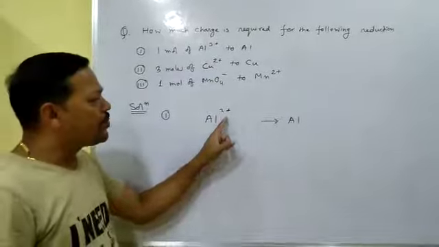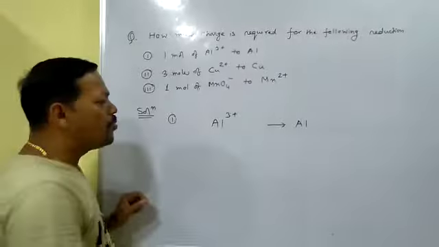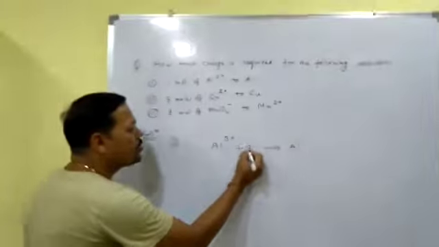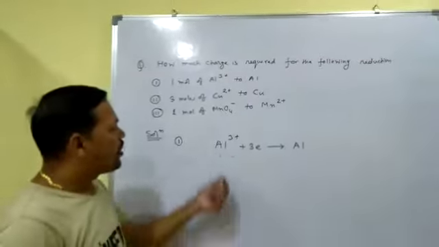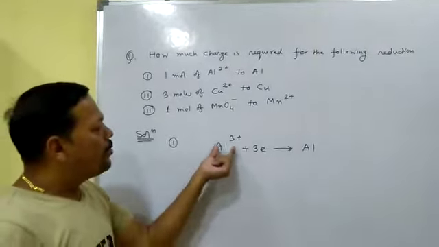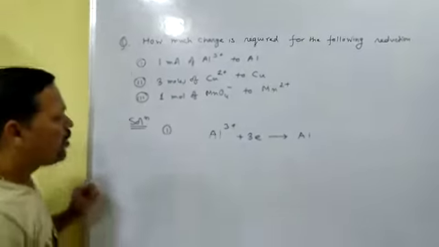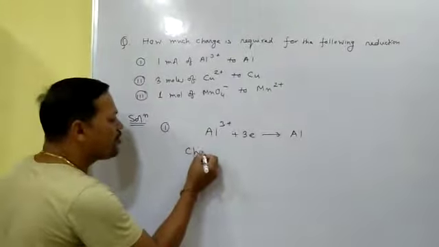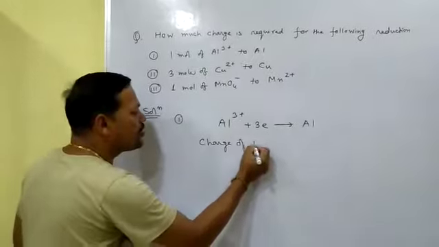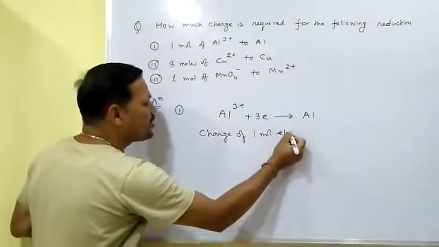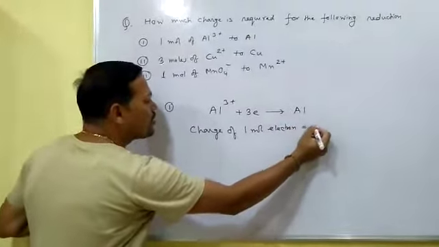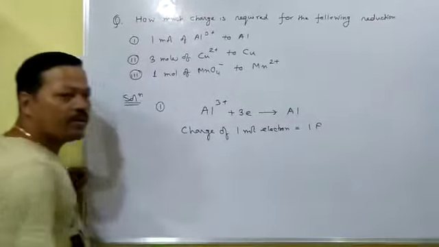Here the charge is 3+, here the charge is 0. So how many electrons are required? It requires 3 moles of electrons. I mean, when aluminium 3+ gains 3 moles of electrons, it becomes neutral aluminium. Now you know the charge of 1 mole of electrons, as you got yesterday, is 1 Faraday.